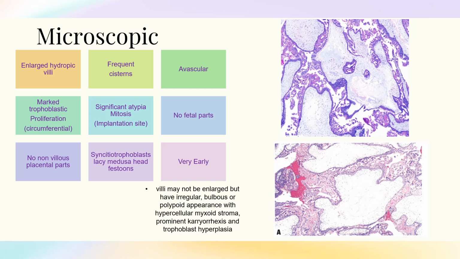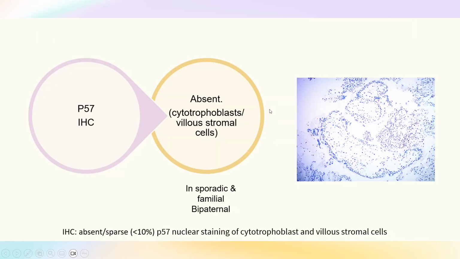There are no fetal parts, as we agreed. There are even no non-villous placental parts. Okay, we have only those villi. Sometimes the syncytial trophoblasts make this medusa-like head. But again, let me be frank with you that in the very early stage, the villi may not be as enlarged or as classic as this, and we may need to use an immunohistochemical stain, that is P57.